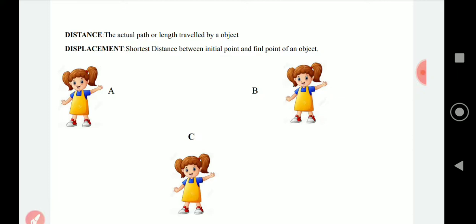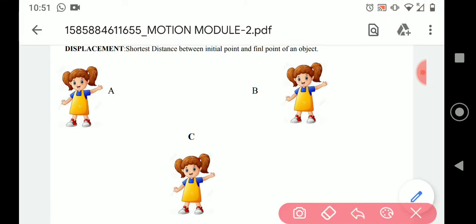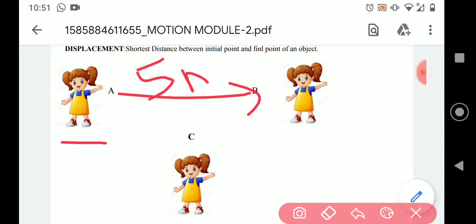Let us suppose we have a girl at position A at rest. Now she starts moving towards B. Suppose the distance from A to B is 5 meter. From B she comes to C, and the distance from B to C is 2 meter.